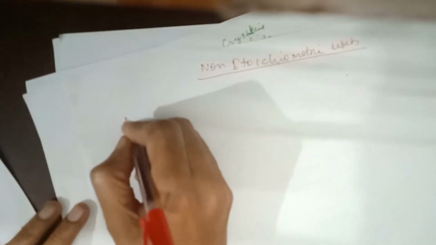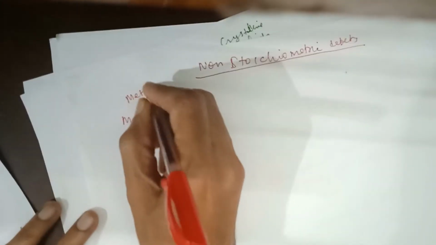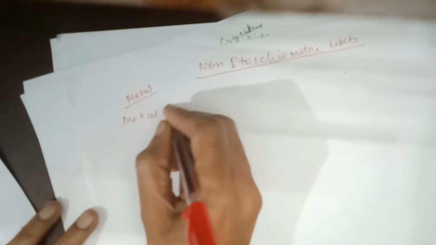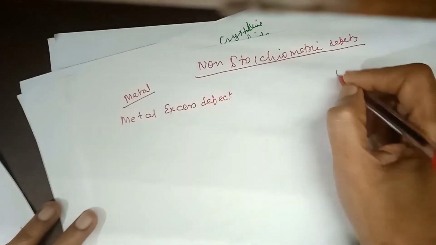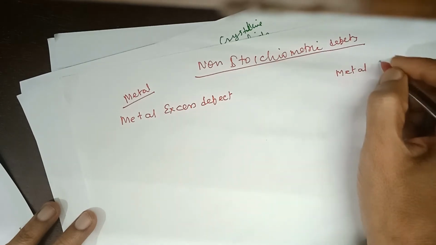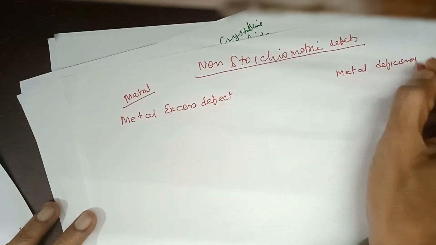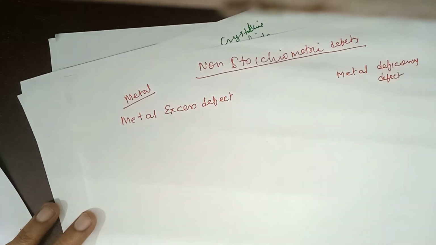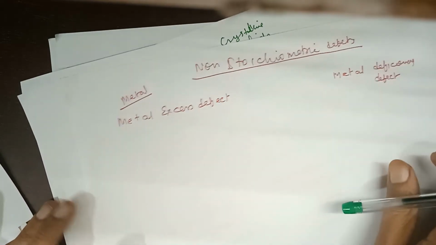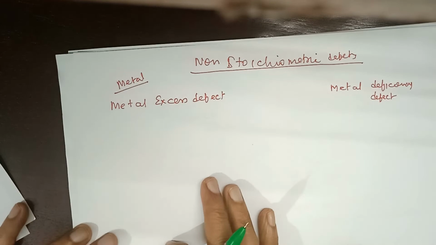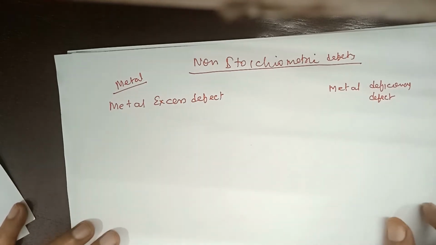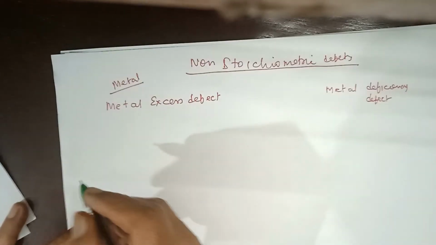That is metal excess defect and metal deficiency defect. These are very interesting defects, and please listen carefully so that you enjoy the topic and you can learn while enjoying the topic.